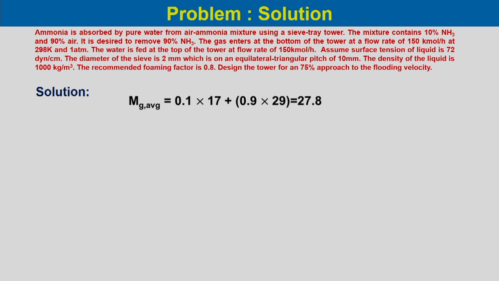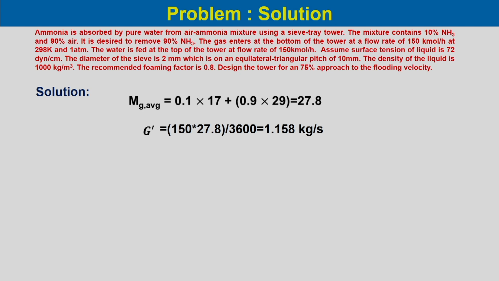So, we can calculate the average molecular weight of the gas mixture. We have 10% ammonia and 90% air. So, 0.1 into 17, the molecular weight of ammonia, plus 0.9 into 29, so it is 27.8.